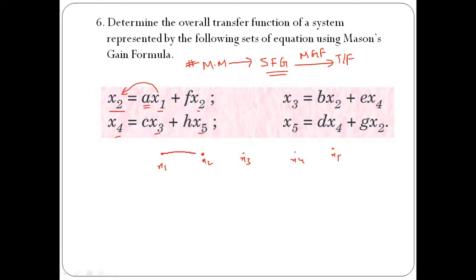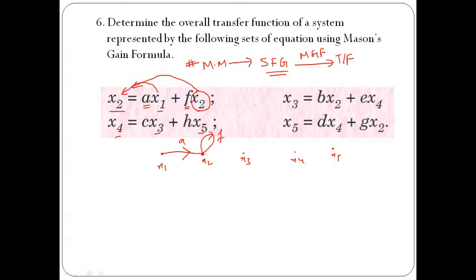So x1 to x2 with a branch gain of a. And then we have one more signal coming from x2 towards x2 with a gain of f. So this will be your self loop, like this.